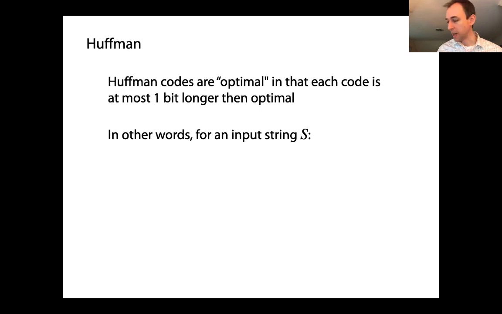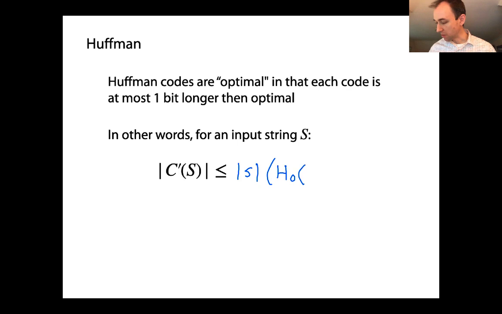For an input string S, the length of the bit vector that we get applying our code, if it's a Huffman code, will take at most a number of bits equal to the length of the string times the zero order empirical entropy of the string plus 1. Okay, so this is optimal, and then this is up to 1 bit of waste per symbol. All right, and then this is multiplying by the number of symbols.